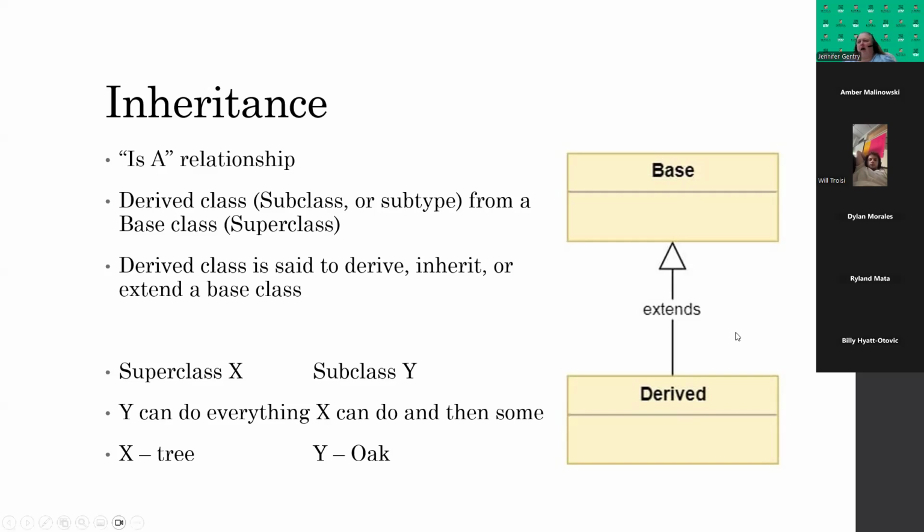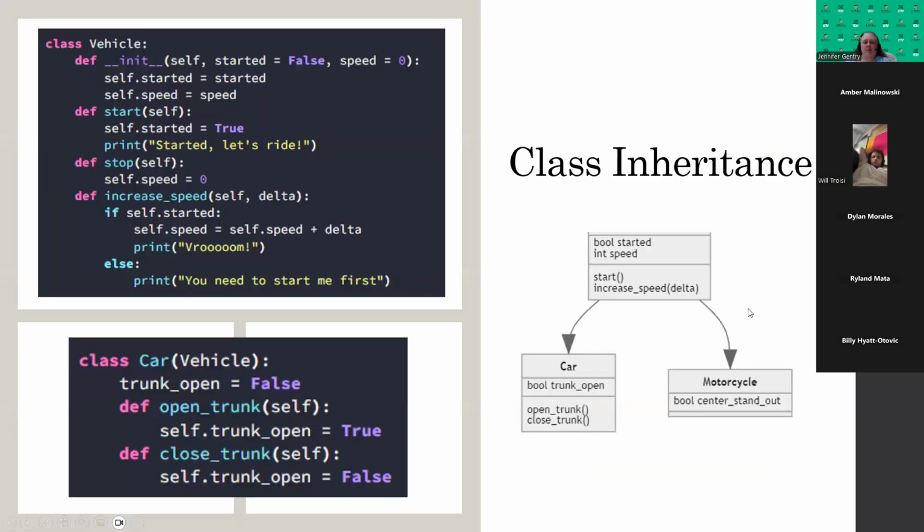Okay. I always like the vehicle ones, so let's look at a vehicle explanation because to me, I feel like this is one of the easiest ones here. So I've got a class that's a vehicle. My vehicle has an initializer. It can start, it can stop, and it can increase speed. Okay, that's how I'm defining what my vehicle is. Now, with that being said, I can define a car, which is a type of vehicle, and a car would have an open trunk and a closed trunk. Okay. That might be unique to a car.